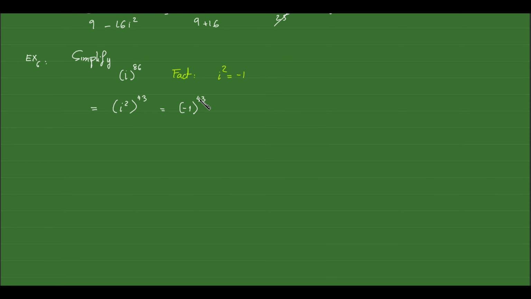If it is an odd number, just think about it: -1 raised to the third power gives you -1, because the third power is odd. So 43 is odd, so -1 raised to the 43rd power gives you -1.